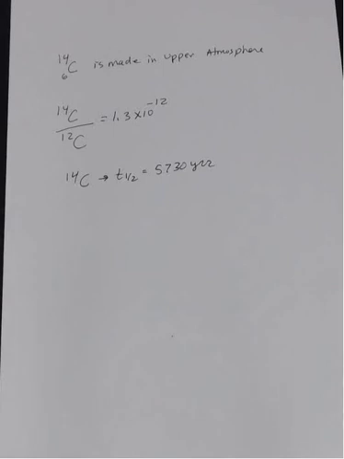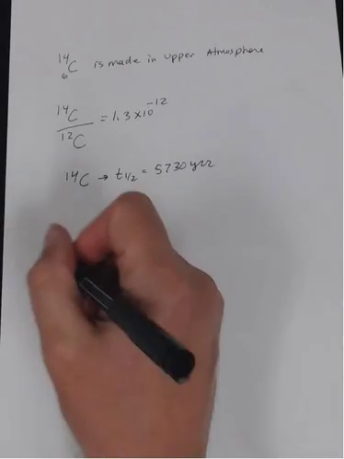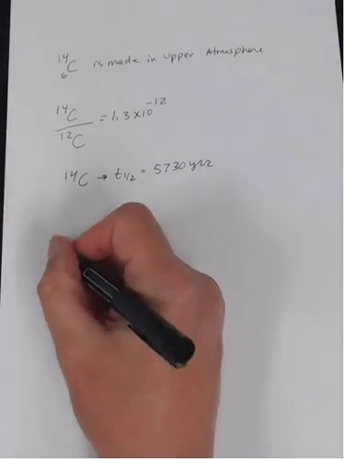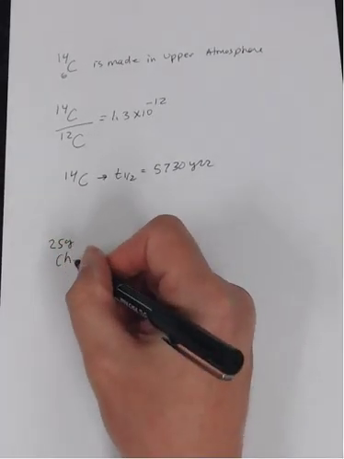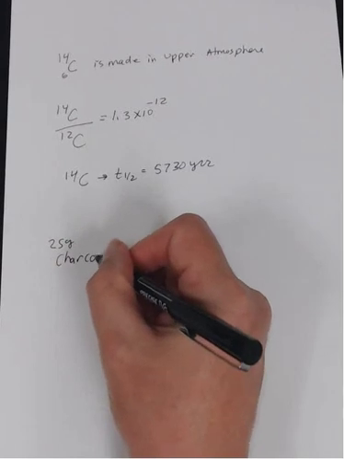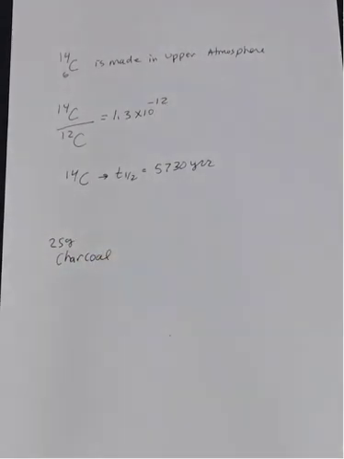So let's do an example. Let's say you get a piece of charcoal that came from some wood, and you have 25 grams of charcoal, which is basically carbon.